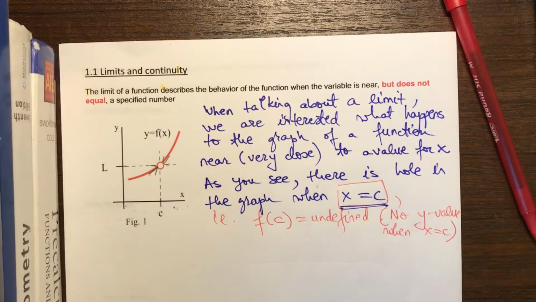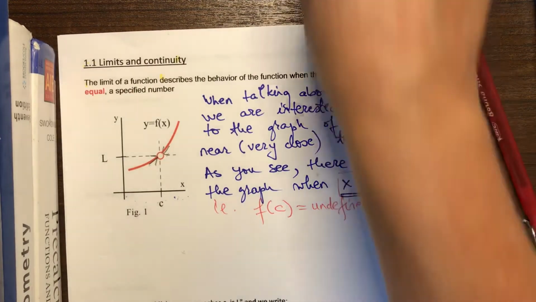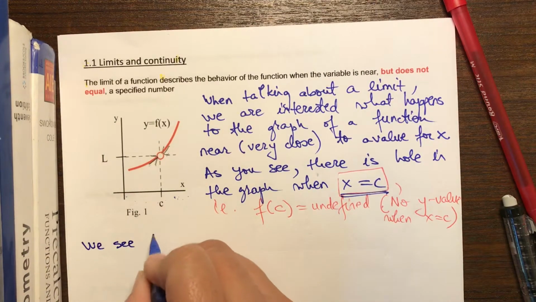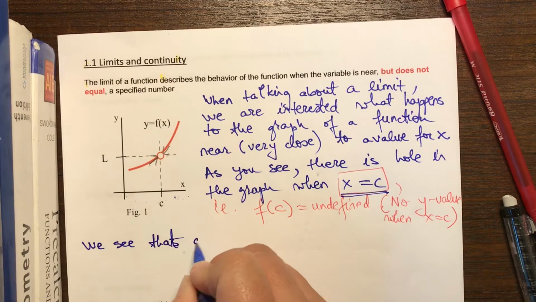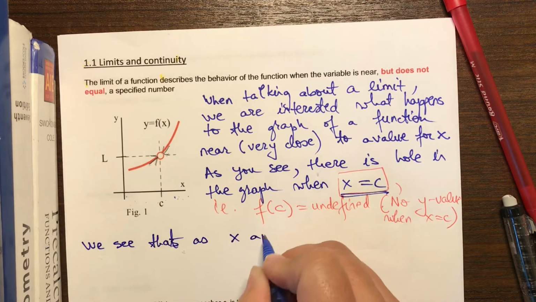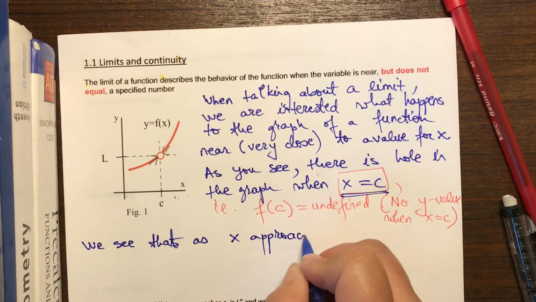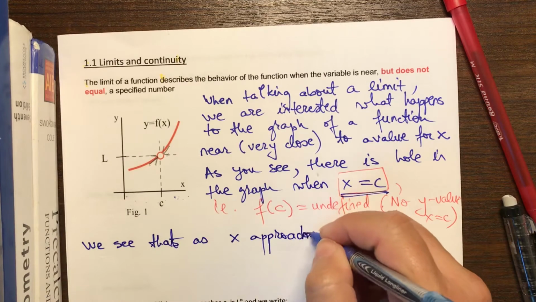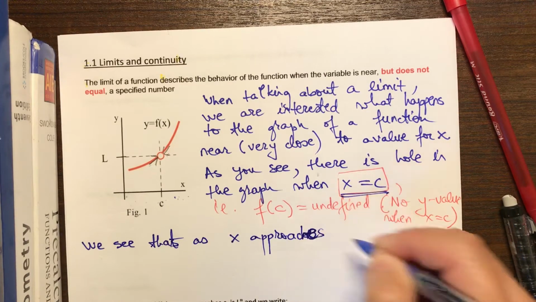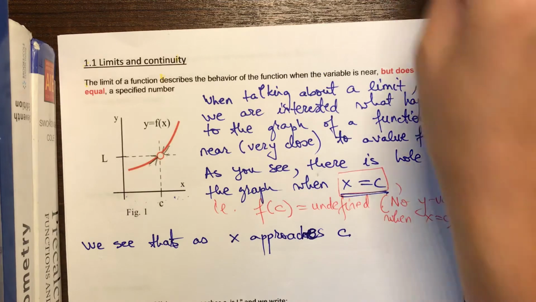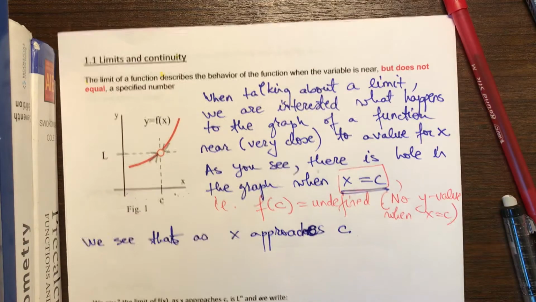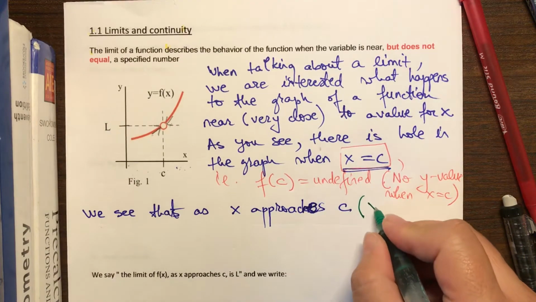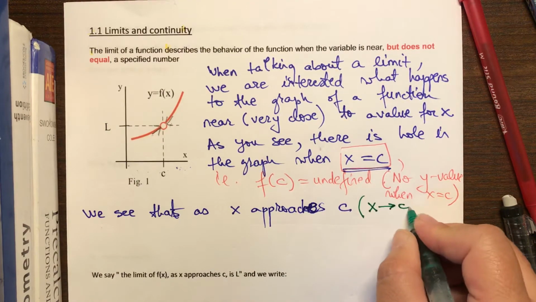Now, what do we see from this graph? We see from the graph that as x approaches c, and because in mathematics, as I said in my last video, we don't like to write too many words, the symbol for that is this. x approaches c.